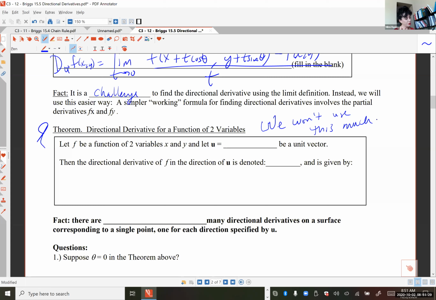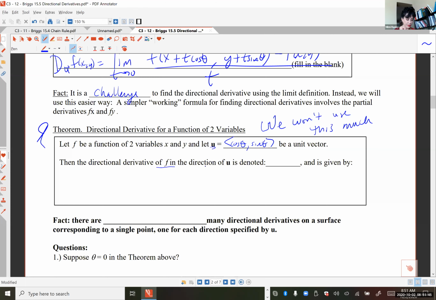Let f be a function of two variables, and let this little unit vector that's pointing you in the direction of where you want to find the slope have components cos theta, sine theta, where theta is the angle it's making with the positive x-axis.